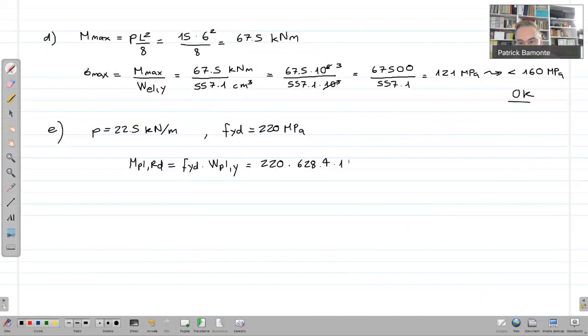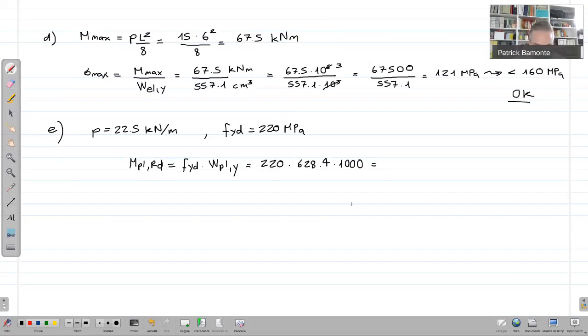Once again, I have to multiply by 1,000. In this way, I am consistent because here I have a stress expressed in megapascals, so newton over square millimeters, and I multiply it by a quantity in cubic millimeters. The result I will get, which is a bending moment, will be expressed in newton millimeters.